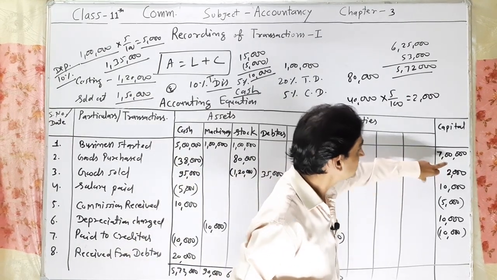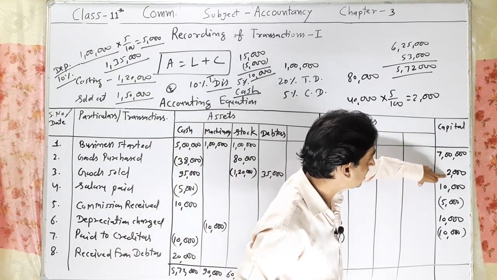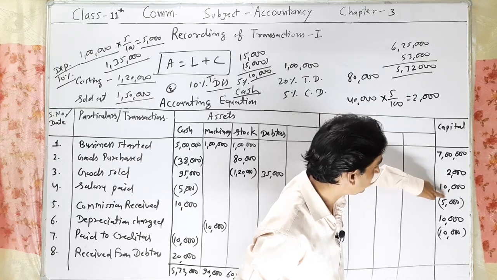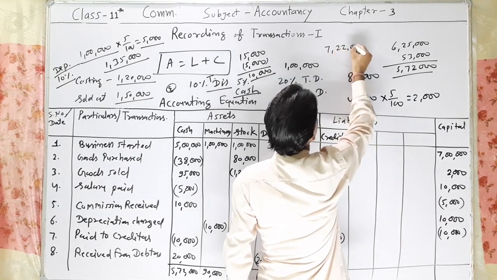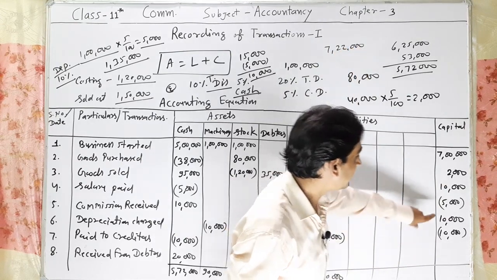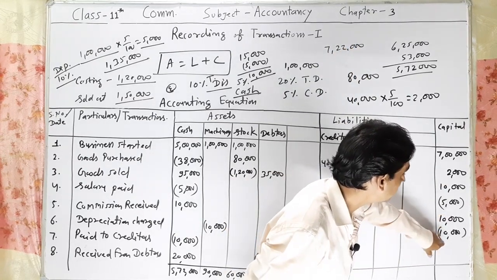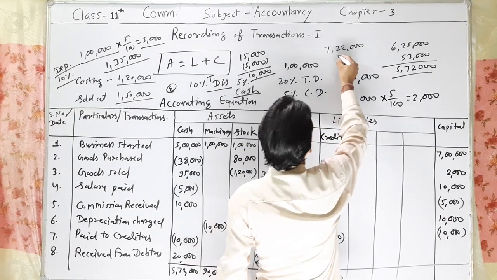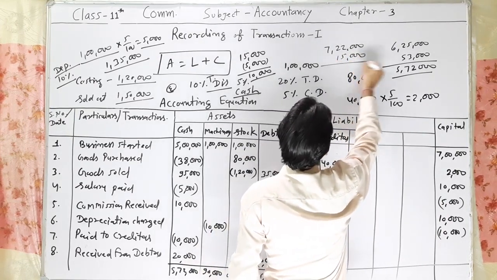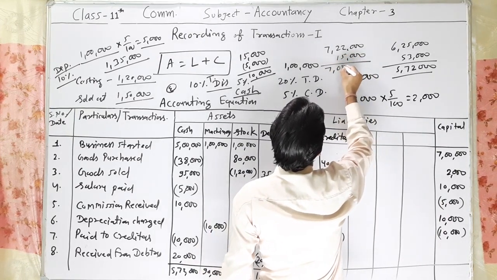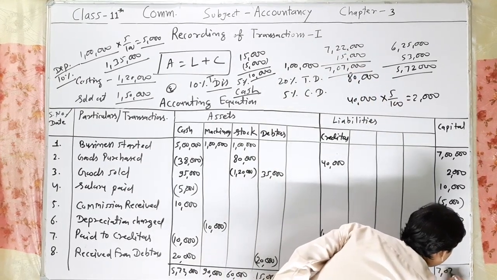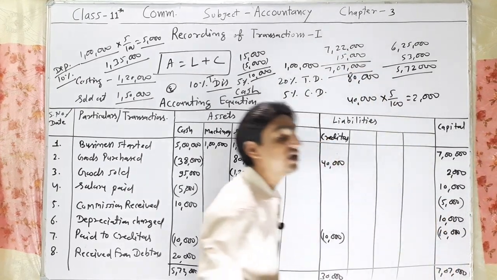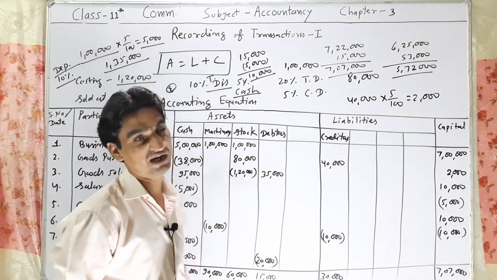Capital balance: 7 lakh 2,000, 7 lakh 12,000, 7 lakh 22,000 is the positive, and negative 5,000 plus 10,000, 15,000 minus 15,000, gives 7 lakh 7,000 as the capital balance.